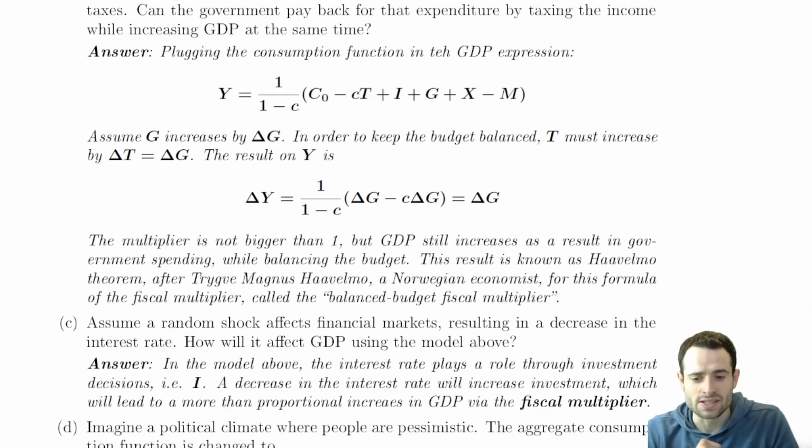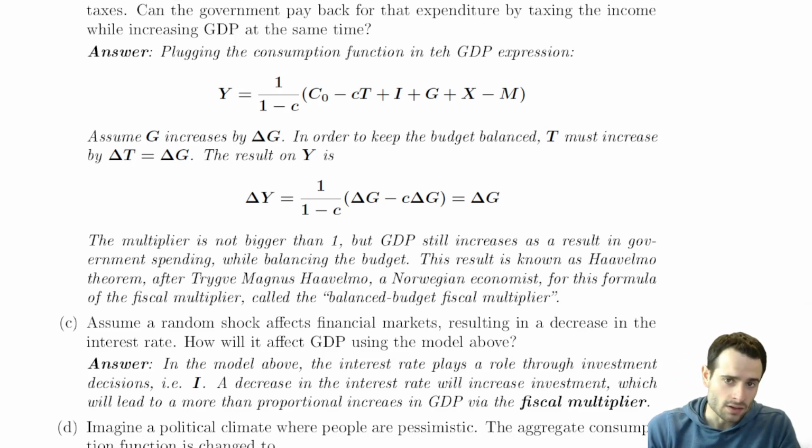Here I make a very simple assumption that only financial markets are affected by this shock. But very often, since markets are connected to each other, a change in the interest rate might actually have ripple effects on other markets and therefore affect other variables. For instance, changes in the interest rate might actually have an impact on the exchange rate.